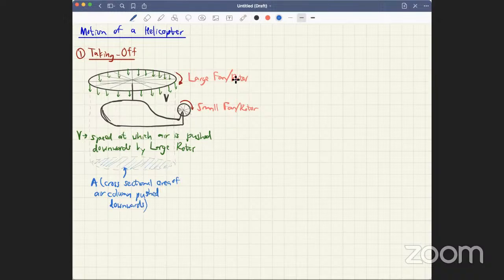Then let me quickly describe how the motion happens. So as the large rotor rotates, it pushes an air column in the downward direction.